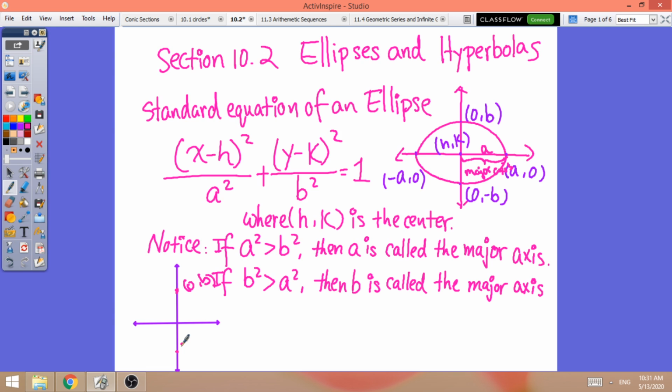This one is 0, comma negative b. And then a would be shorter, so a, comma 0, and negative a, comma 0. As you can see, they're both symmetrical. So here's the vertical ellipse. We can have either the horizontal one or the vertical one.